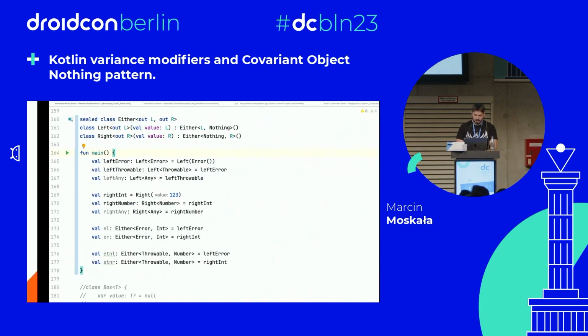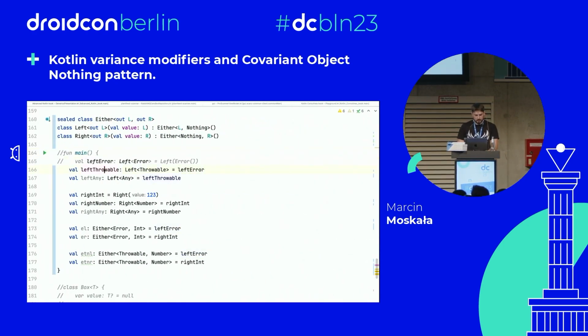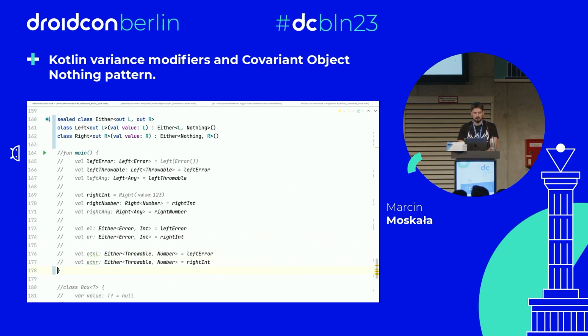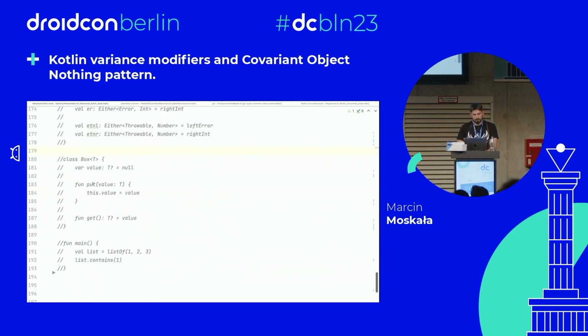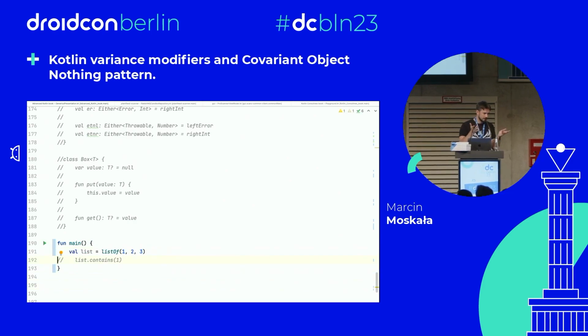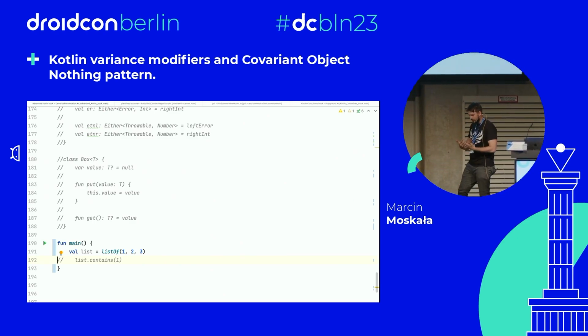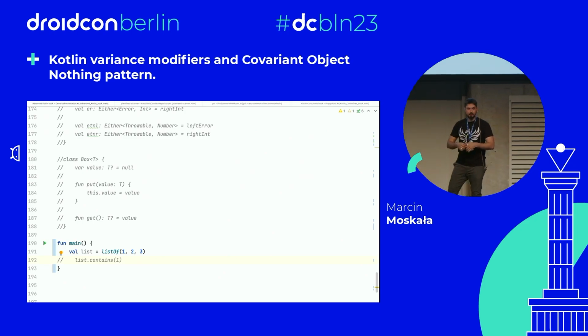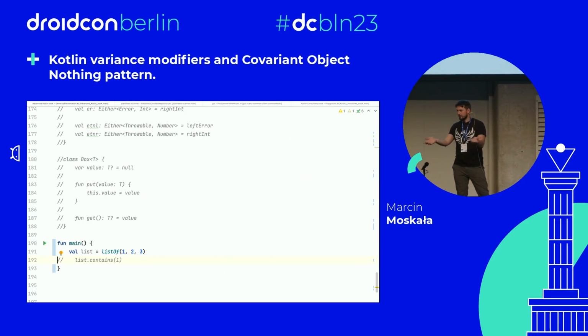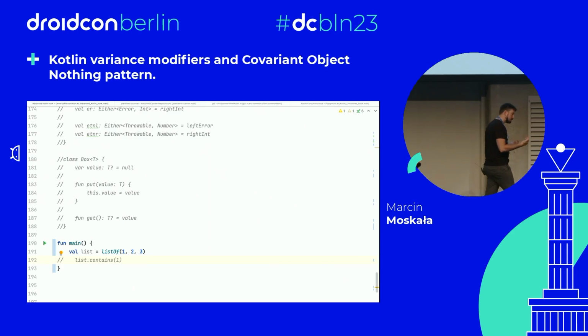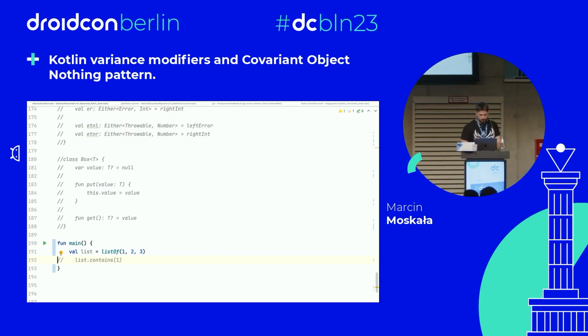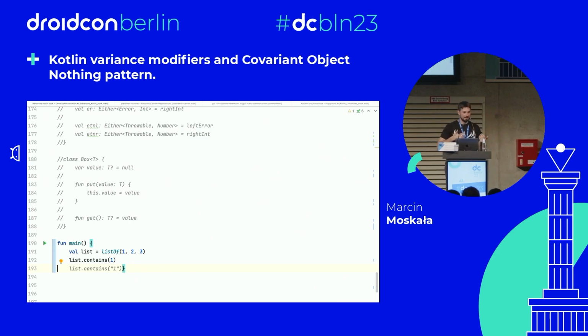And the most popular exception can be found in the interface that you learned about already, the list interface. You already know that list is covariant, meaning that its type parameter can be only present at out position. And everything is fine, except for function contains, and function contains all.